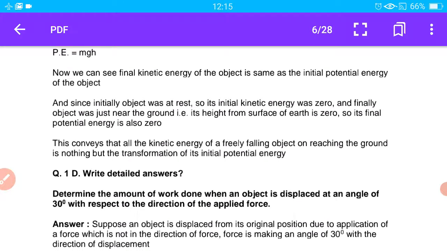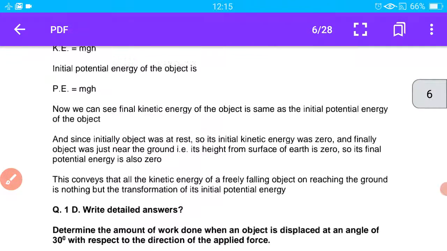Since initially the object was at rest, its initial kinetic energy was 0, and finally the object was just near the ground, so its height from the surface of earth is 0 and its final potential energy is also 0. This conveys that all the kinetic energy of a freely falling object on reaching the ground is nothing but the transformation of its initial potential energy.